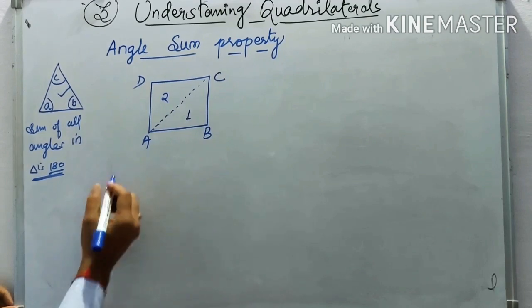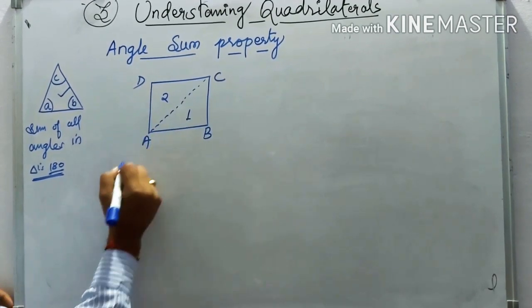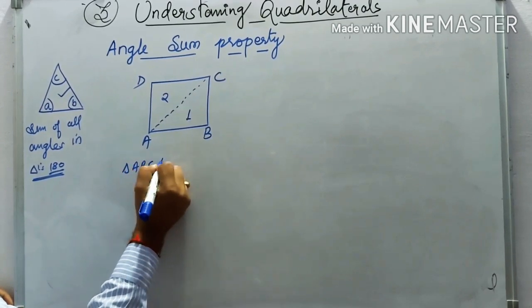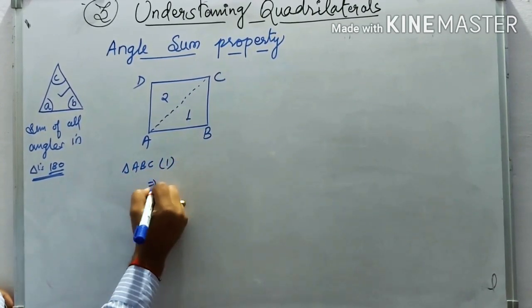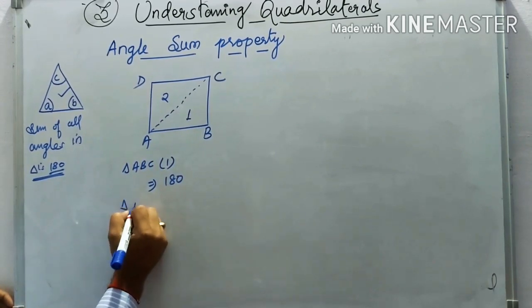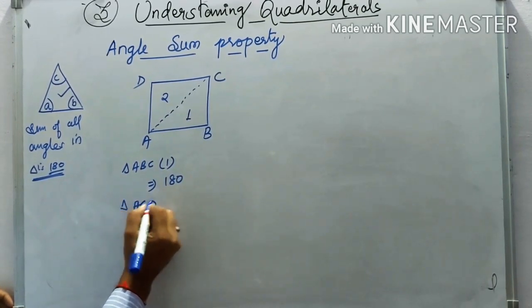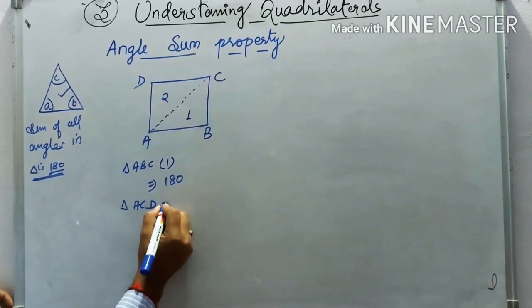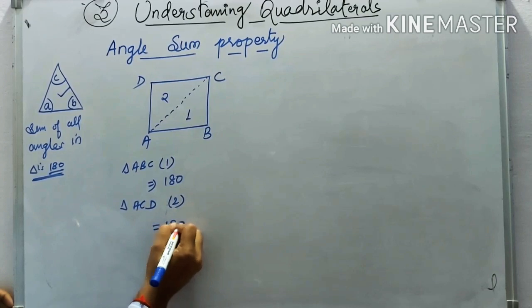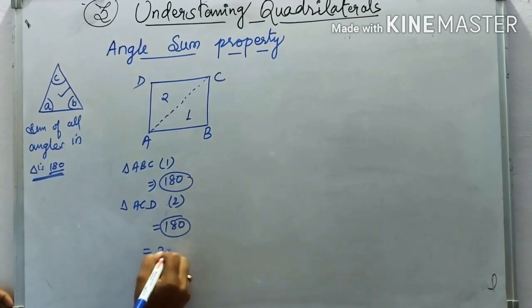By the angle sum property, triangle ABC is 180, and triangle ACD is the second triangle, whose sum of angles is 180, and 180 plus 180 is equal to 360.